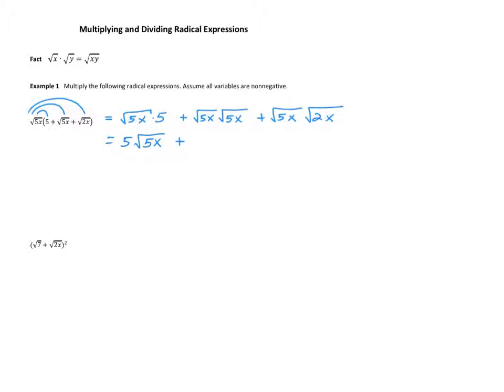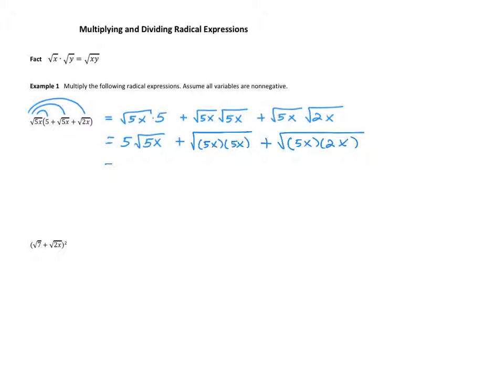But for this middle term, according to this rule, I can take this square root of 5x and this square root of 5x, multiply them together, and put it underneath one square root. So this is the square root of 5x times 5x. I can do the same thing for the last term. This is the square root of 5x times 2x.